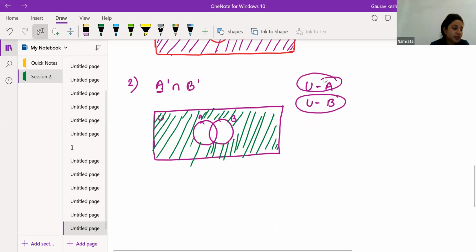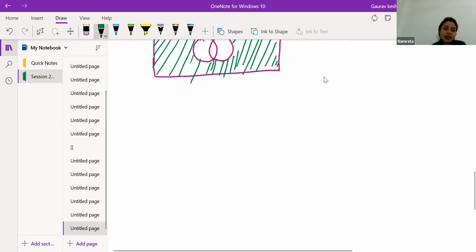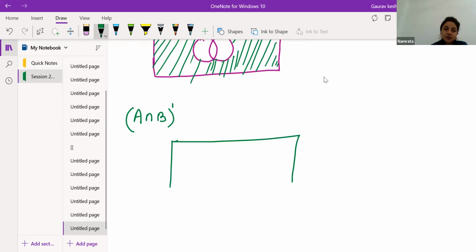Similarly, if we are having A intersection B and whole complement, that means we are having universal set. Here we are having set A and here we are having set B. A intersection B means the common region.